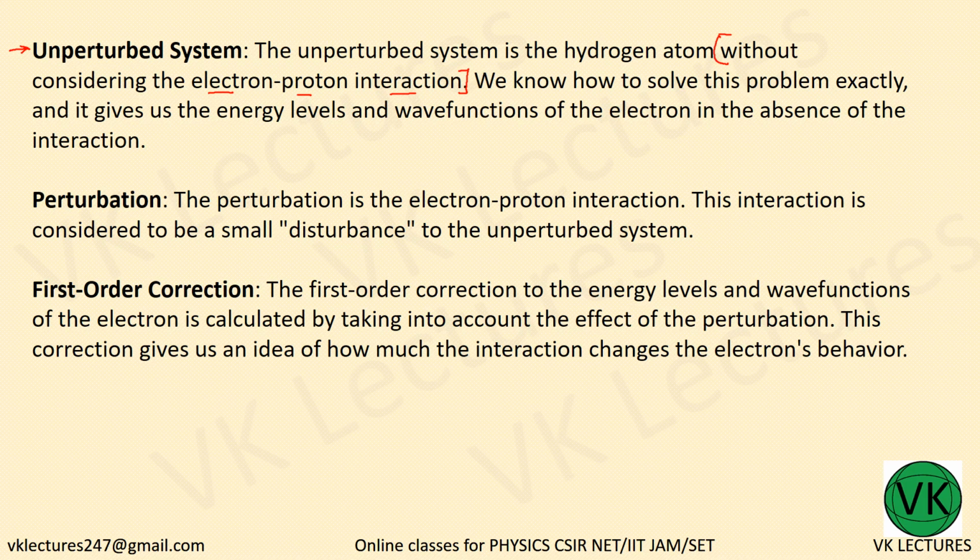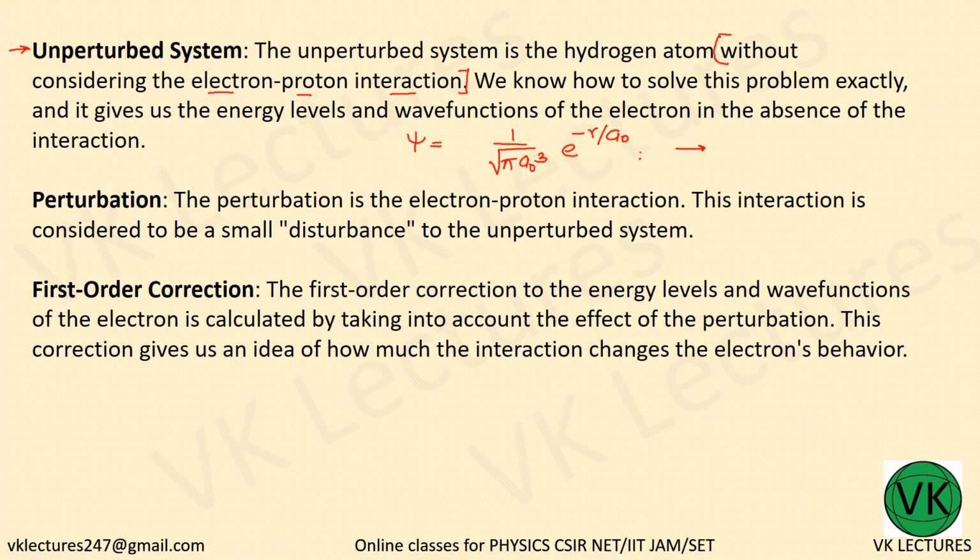We take the energy, the potential of the particle, and get the wave function psi, which is equal to 1 divided by root of pi a naught cube, e to the power minus r divided by a naught. And we solve for different quantities, like position, momentum, the expectation values, etc.